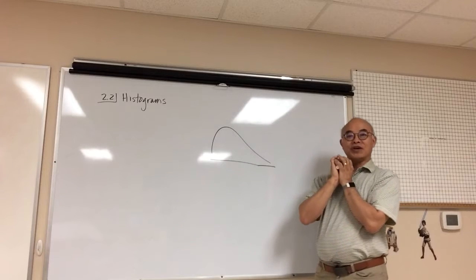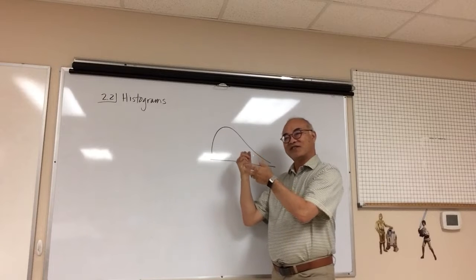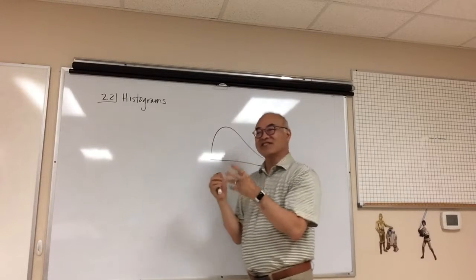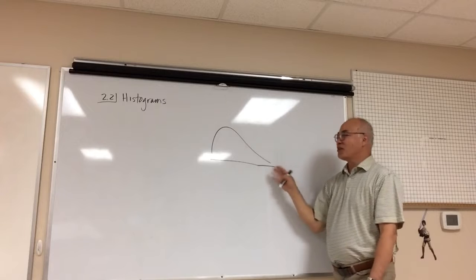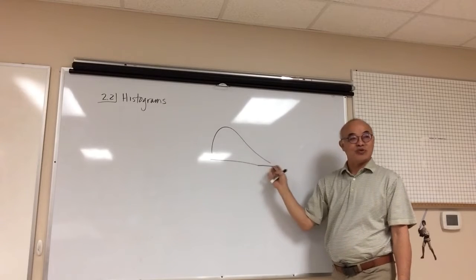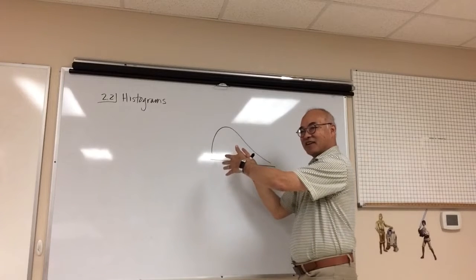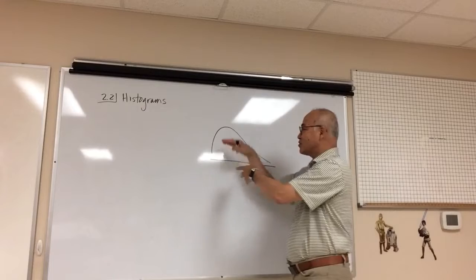So we call this skewed right. Okay, so it's kind of counterintuitive here. It's skewed to the right. We call this data skewed to the right, even though you would think, well, all the data's on the left-hand side. You would think you would call it skewed left, but we call this skewed right.